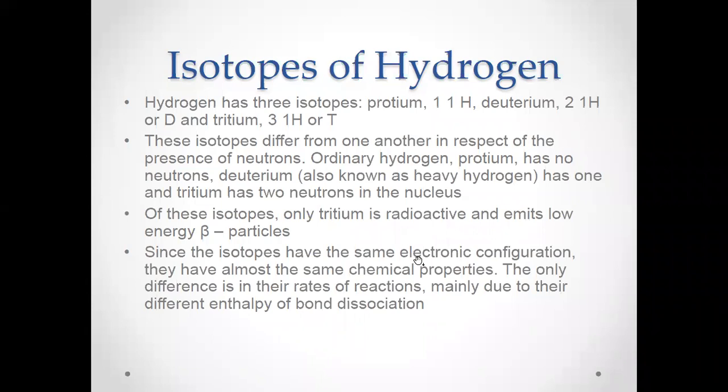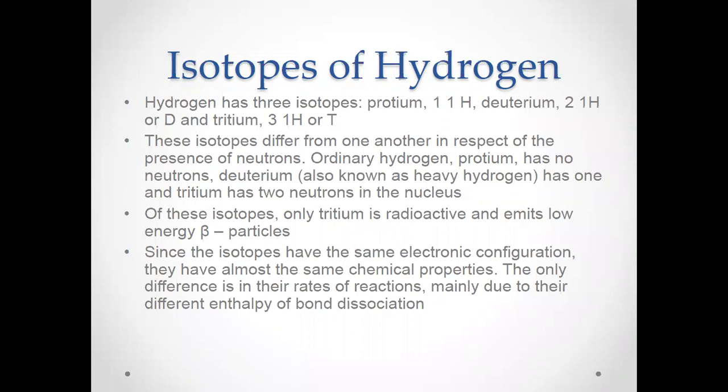Since the isotopes have the same electronic configuration, they have almost the same chemical properties. The only difference is in their rate of reaction, mainly due to their different enthalpy of bond dissociation. Although the electronic configuration is the same, when we talk about electronic configuration we are talking about the electron distribution in the orbitals, right?